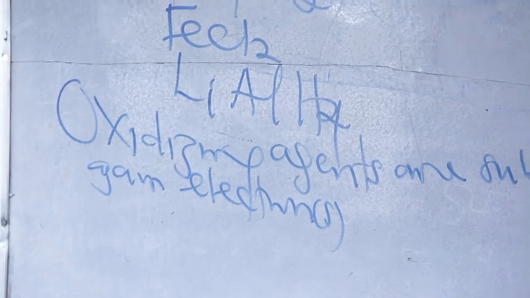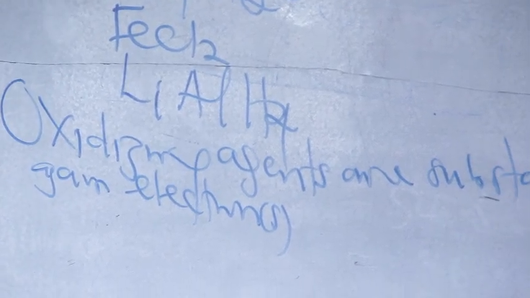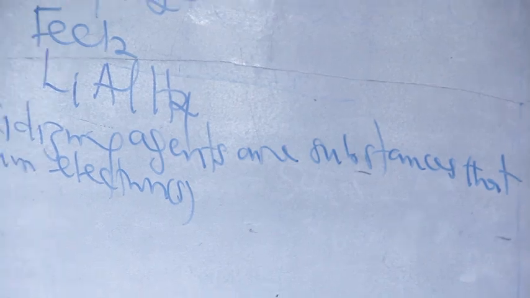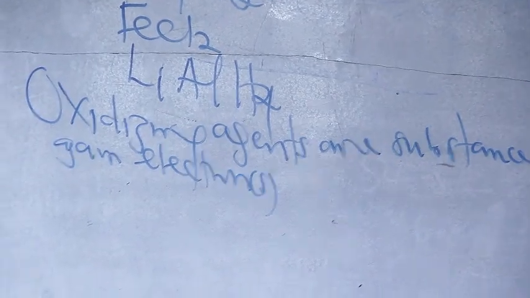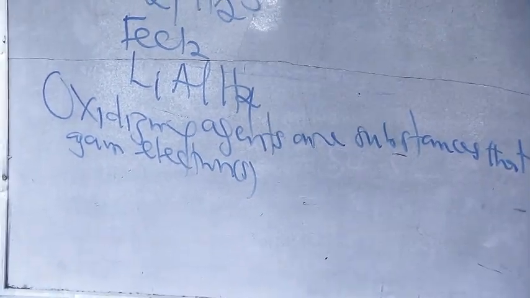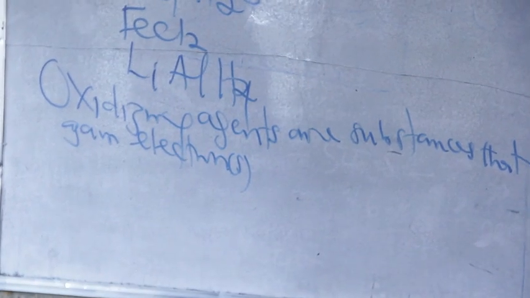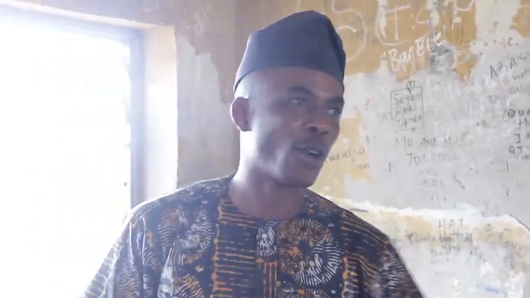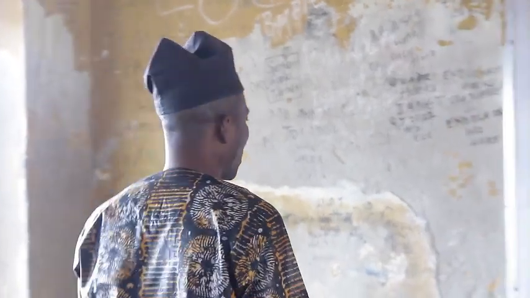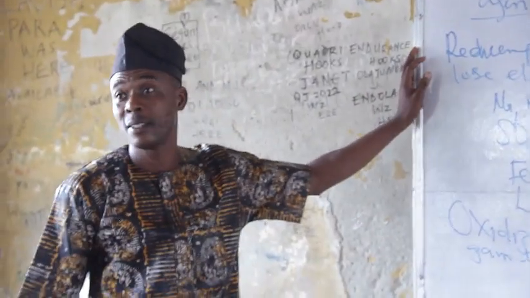Now, let us have examples of oxidizing agents. Non-metals are elements whose atoms are ionized by gaining electrons. That means non-metals will become ions when they gain electrons. Which other compounds or substances are oxidizing agents apart from the non-metals?